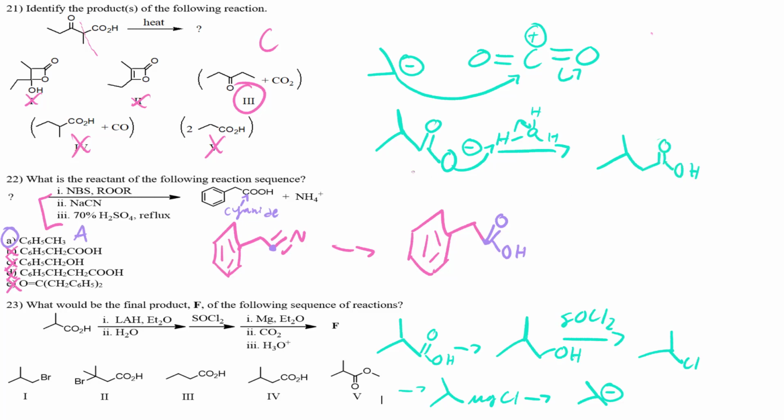My bad. Basically, for sure, whenever you treat this carboxylic acid with lithium aluminum hydride, you're going to be making a primary alcohol, okay? So you make a primary alcohol, and then you're going to be treating that primary alcohol with Sokol to make a negative carbon, okay?